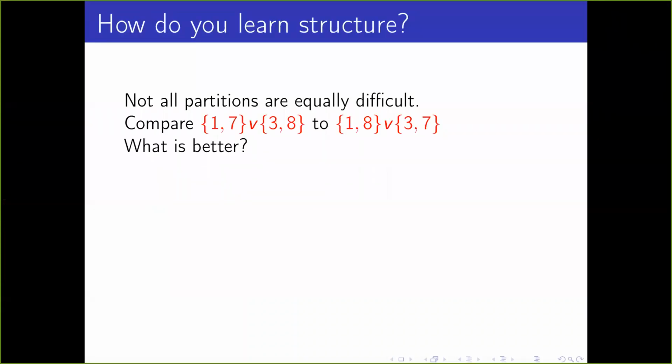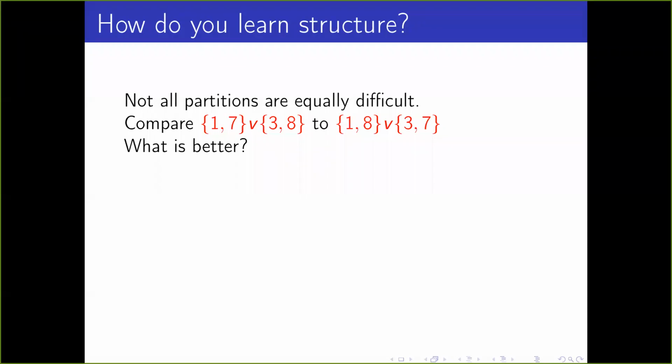Okay, so imagine that you're trying to create a digit classifier. Think about MNIST, and you can either do a tree which has a subtree of 1 versus 7 and a subtree of 3 versus 8, or you can do a tree with a subtree of 1 versus 8 and a subtree of 3 versus 7. So which is actually going to be better?